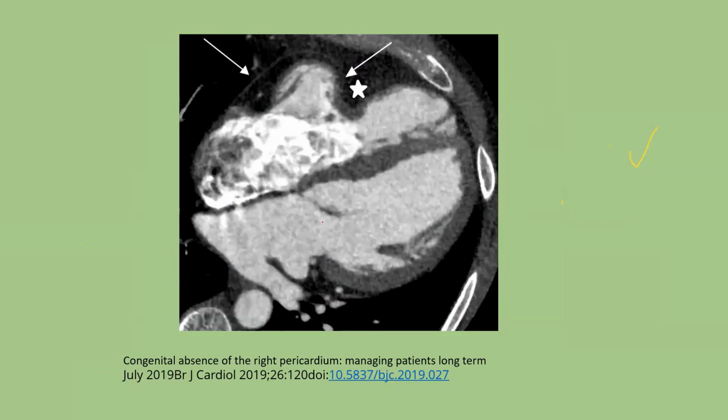So we can have a small area of the heart that is devoid of pericardium. Now, guess which is potentially more serious? The partial agenesis. Why? The partial. Why?